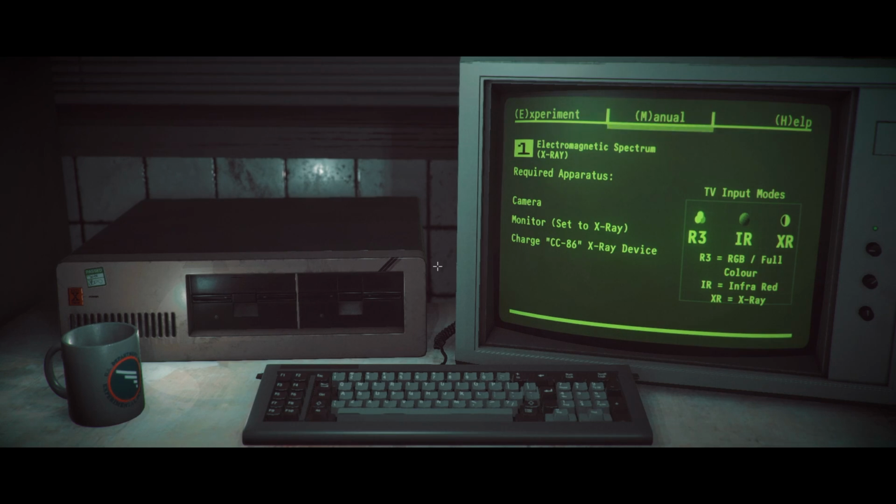Camera, monitor, set to X-ray, and charge CC8-86 X-ray device. TV input modes, R3, IR, XR. R3 equals full color, IR equals infrared, and XR equals X-ray. Okay. So, charge CC86 X-ray device.